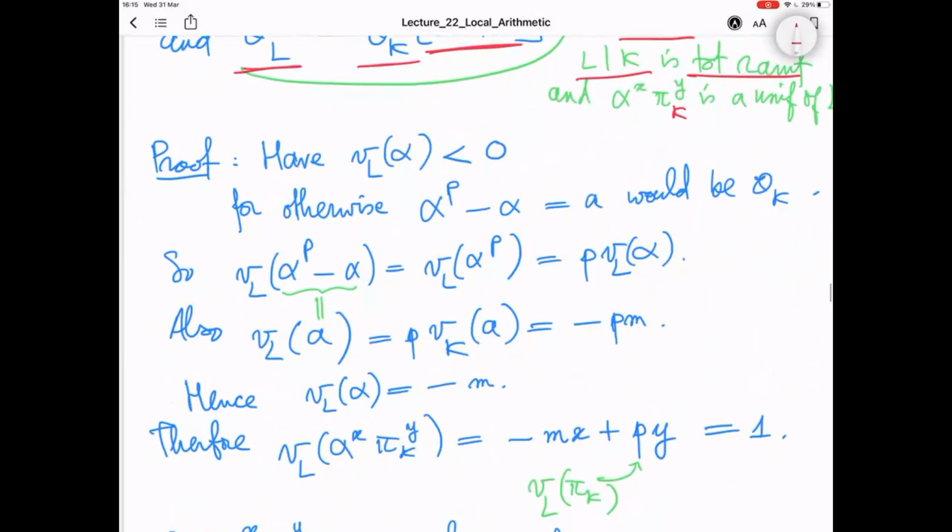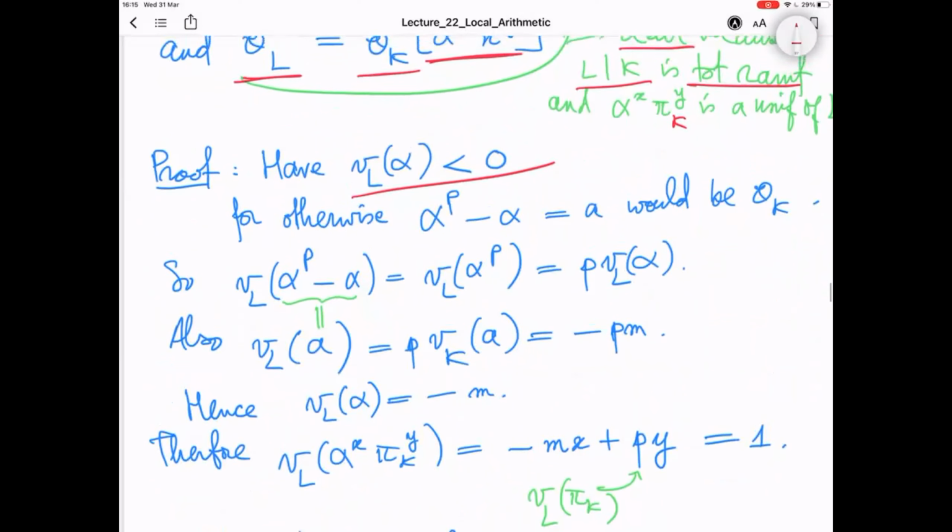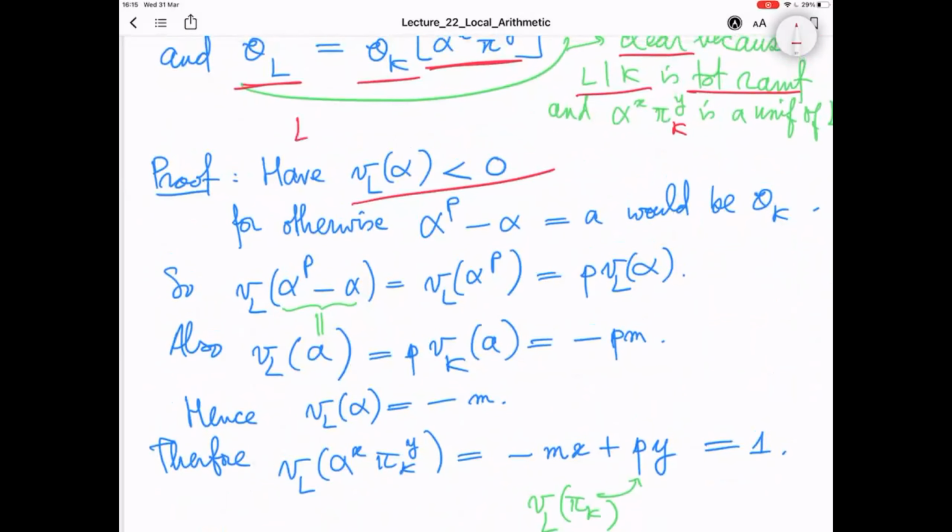Okay, so the first claim is that the valuation over L of alpha, alpha is in L, right? Because L is equal to K alpha. So the first claim is that VL of alpha is strictly negative.